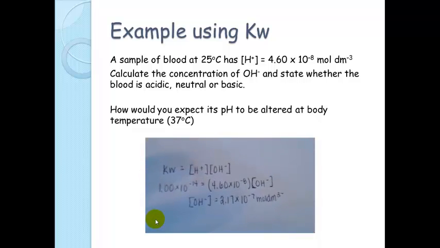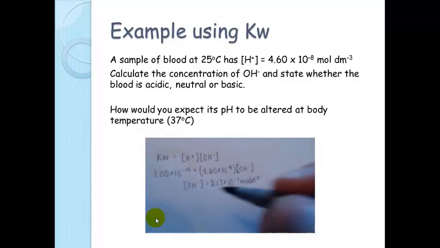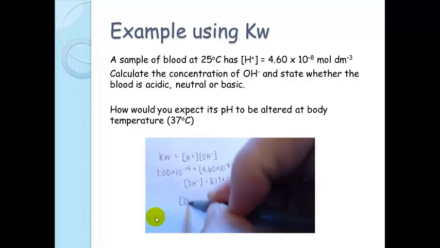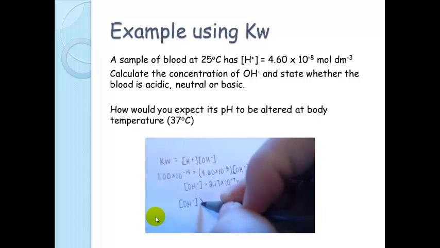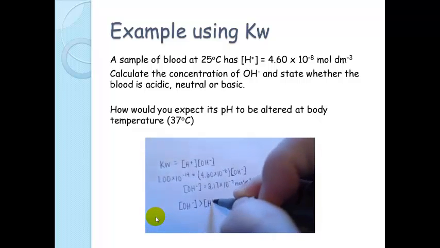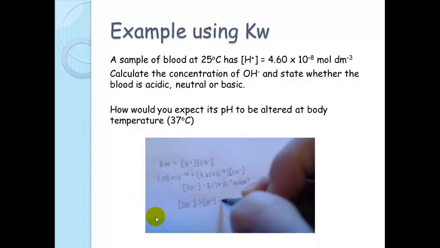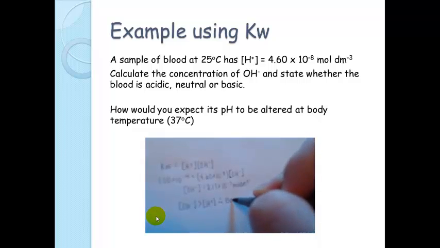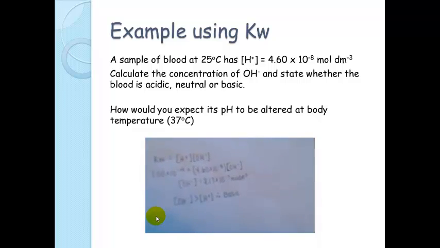Now the question asks whether it's acidic, neutral, or basic, and we could go back and find the pH based on the concentration of H+, or you can just compare. The concentration of OH- is greater than the concentration of H+, which means the blood must be basic.